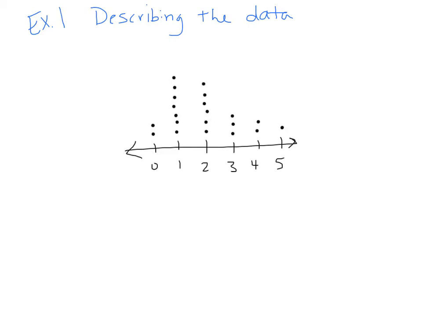Looking at this data, we can say that this is daily snowfall amounts, in inches. If I draw my line like that, it's showing me that most of the data are on the left. This is where most of my data is occurring, and my tail extends down to my right.